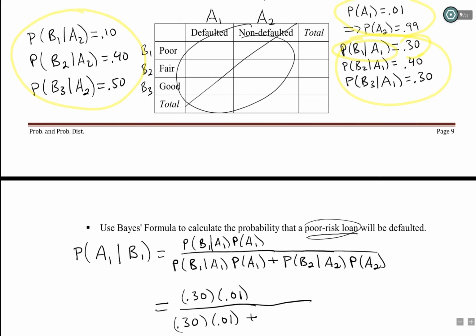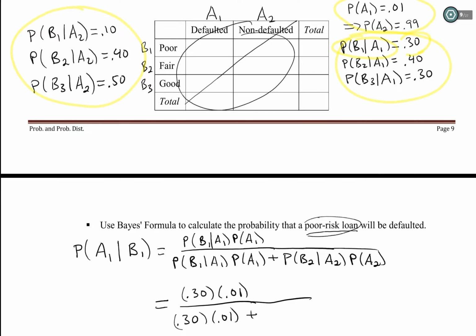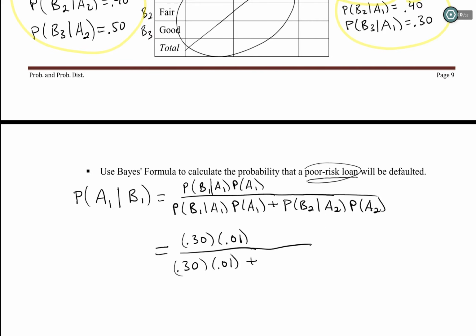P of B1 given A1 is 0.30 times P of A1, which is 0.01, divided by the same computation, 0.30 times 0.01, plus P of B1 given A2. I'm sorry, I apologize for that: this is P of B1 given A2. The observable event stays the same; the state of nature is what's changing.